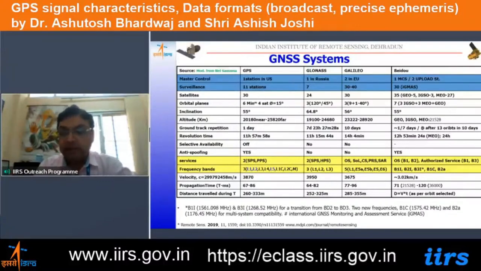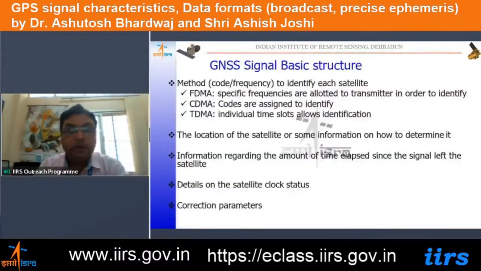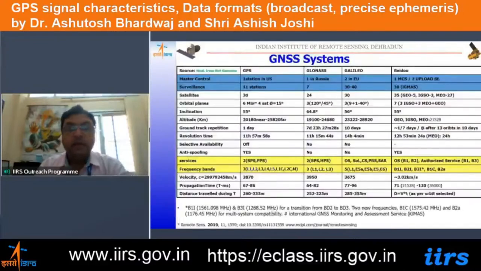Primarily the CA code is utilized for the purpose of catching hold of the P code. So it is a part of the system which is even utilizable for the authorized receiver. It's not that the CA code is available only for the civilian users and is not useful for the P code users. In both cases, the CA code is used.